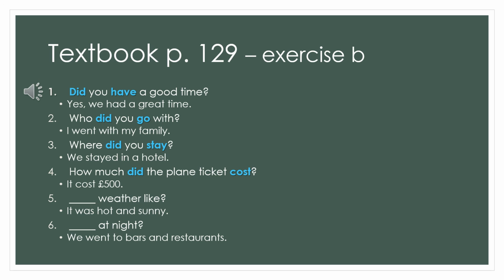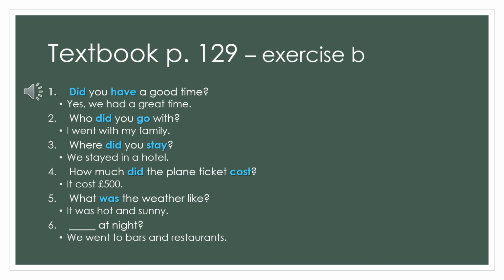How much did the plane ticket cost? Did is your auxiliary verb in the past simple. Cost is an irregular verb. What was the weather like? Was is the irregular verb.